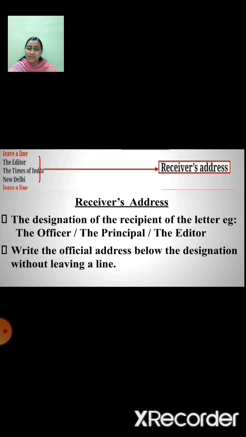Now students, for writing the receiver's address, you need to follow the same format as the sender's address, and you will not use any punctuation mark. I hope students, you all have understood how to write the receiver's address. Now let us move ahead and understand the next step.